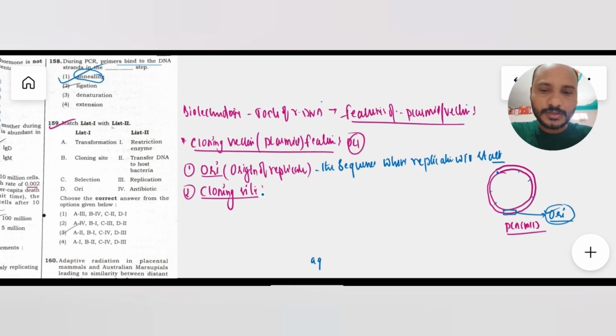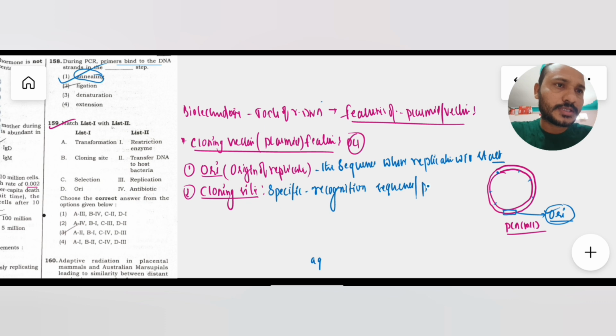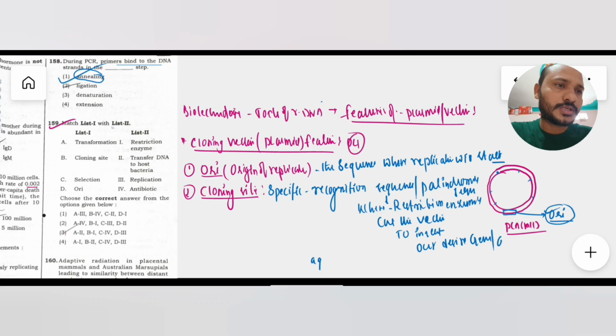The cloning sites are specific recognition sequences, also called palindromic sequences, where restriction enzymes cut the vector to insert our desired gene, or gene of interest, also termed foreign gene or foreign DNA.